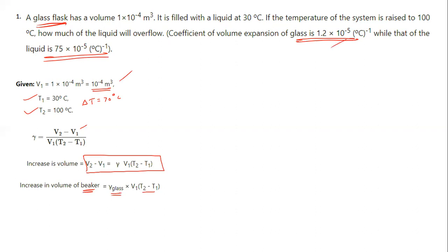Substitute these. Then you can find the increase in volume for the liquid, using only gamma for the liquid. Then you get the overflow of liquid by taking the difference of these two volumes. Definitely you are able to do it. Try to solve this question.